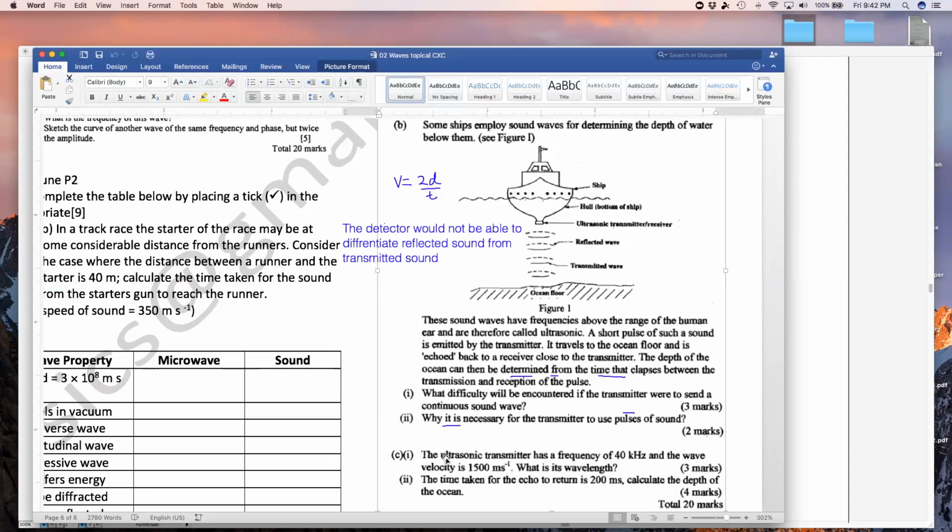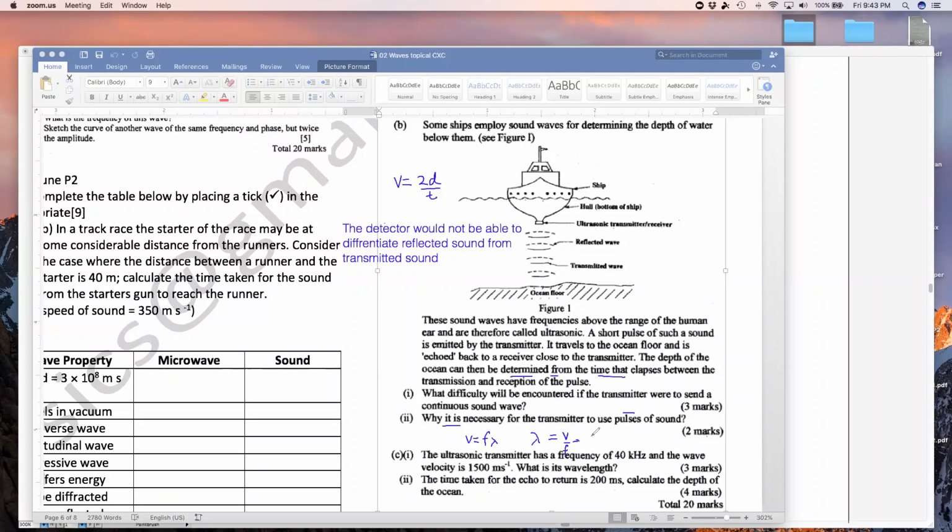Next part. The ultrasonic transmitter has a frequency of 40 kilohertz and a wave velocity. What is the wavelength? Again, V is equal to what? We know V is equal to f lambda, and we can get lambda is equal to V over f.